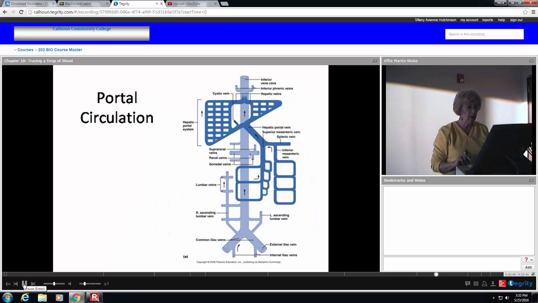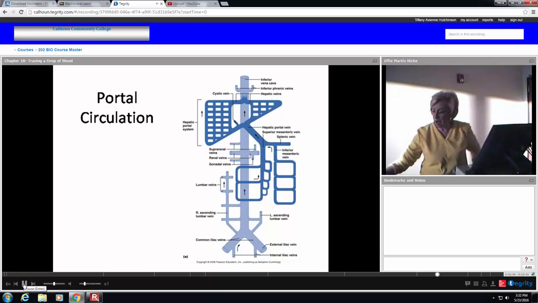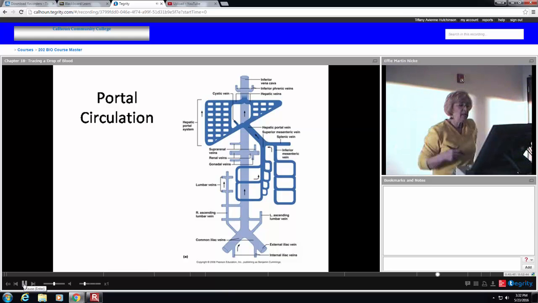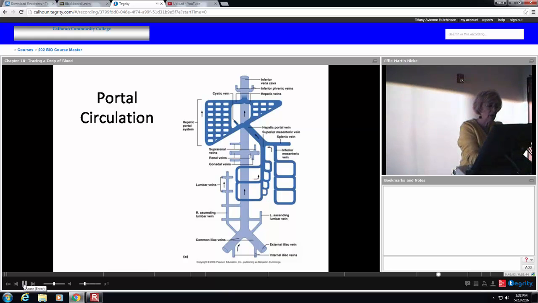Let's see what we have next. Okay, in the systemic circulation, something that I haven't talked about yet is we have a special circulation within the systemic circulation called portal.